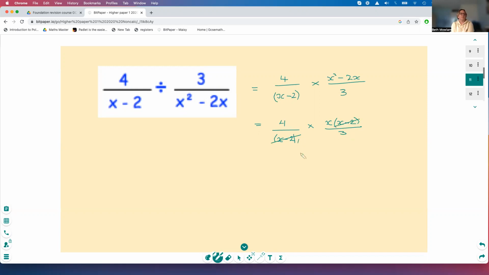And that becomes a 1 if it's left by itself. So that would be 4 times x, it's 4x. 1 times 3, it's 3. So it'd just be 4x over 3. And that is it simplified. So you've always got to look and see if you can factorize as you go and simplify as you go.